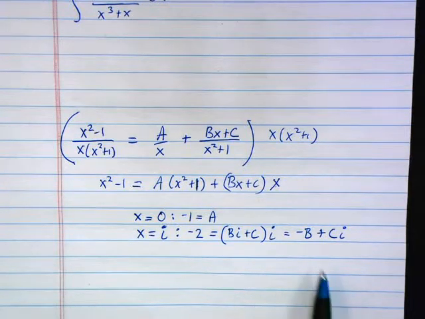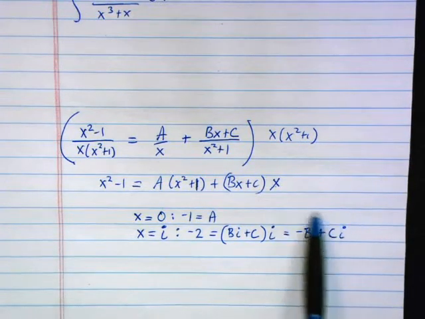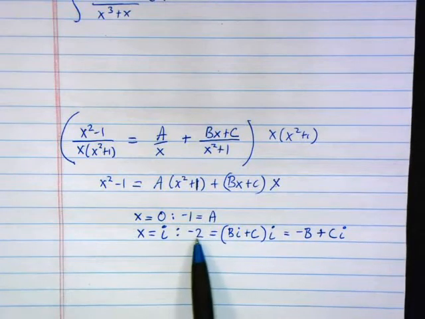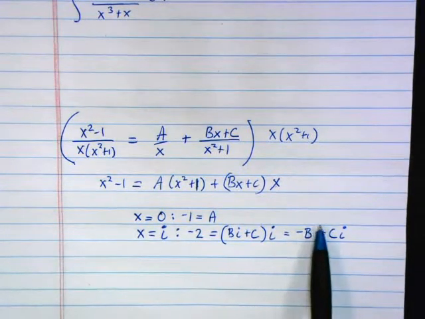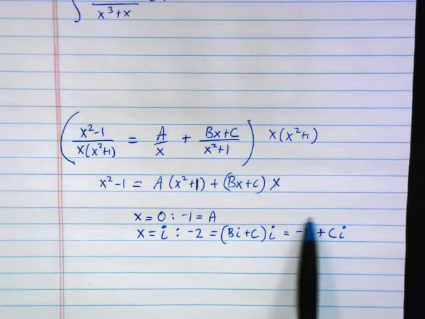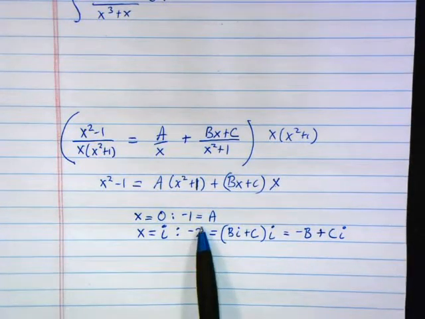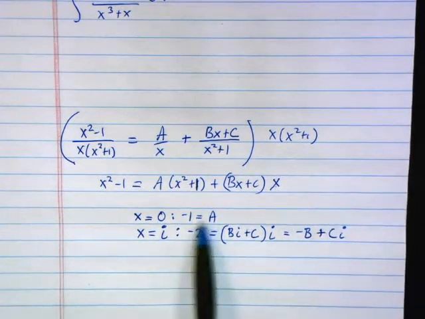Well, look what happens here. I end up with a complex number over here, don't I? What do I have over here? Which is a real number. So what has to happen is the real part of the number over here has to equal the real part of the number over there, and the complex part over here has to equal the complex part over there.